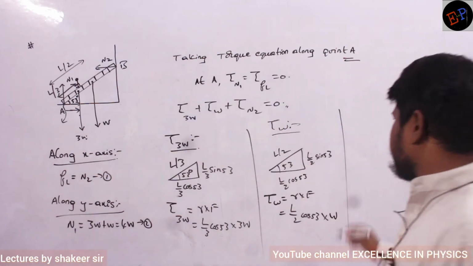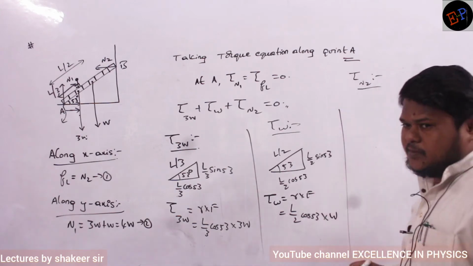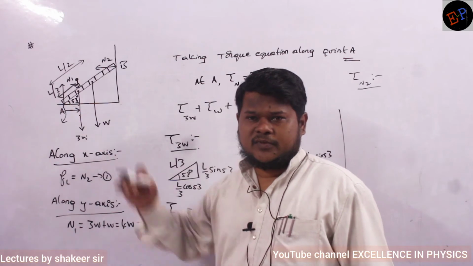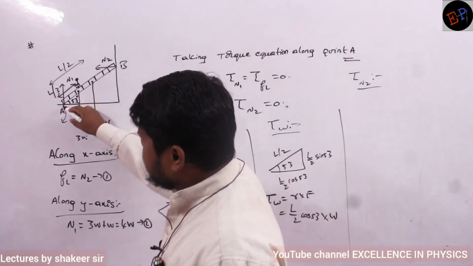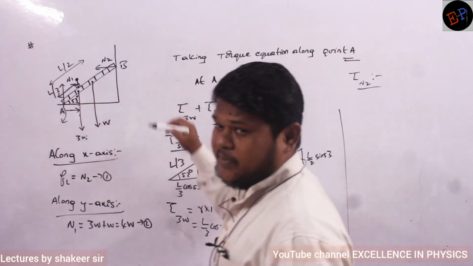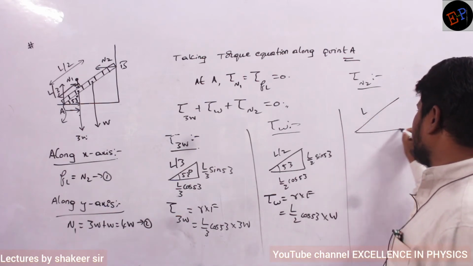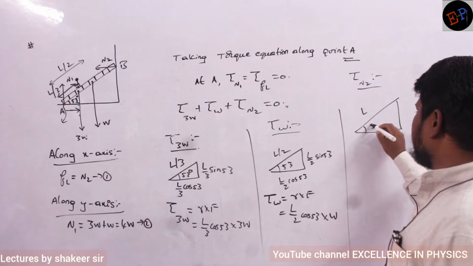Clear, no? Similarly we will calculate the torque due to N2. Are you able to understand, ma? N2 also can provide a torque at point A, no? This is also responsible for rotation. But this N2 is acting at what distance from the axis of rotation? Total distance is L. But we want only the perpendicular distance, no? So again take this total L, split it into two components. So angle is how much? Angle is 53 degrees.